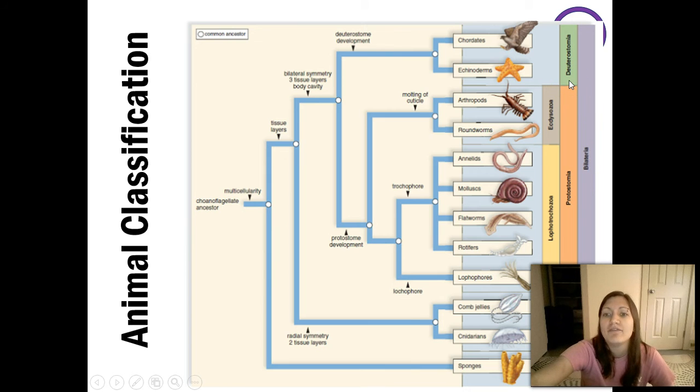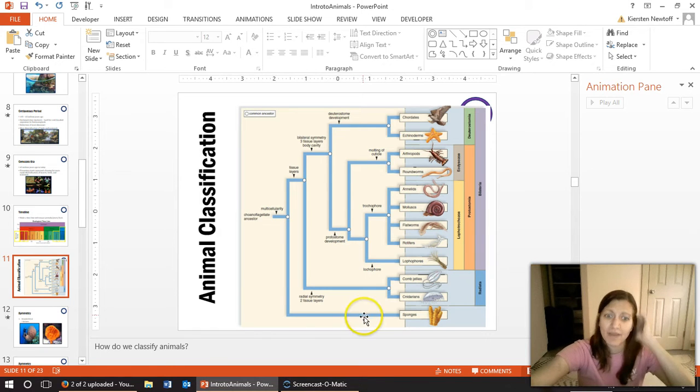This is showing a very brief classification of animals, but you can see radial symmetry and bilateral symmetry. 3 tissue layers are our triploblasts and our diploblasts, deuterostomes and protostomes. So it's just a way for us to organize these different animals, these different organisms.